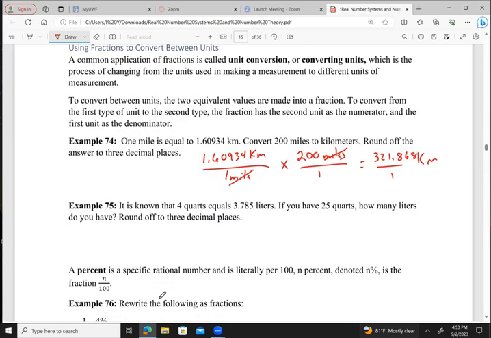And it looks like I got ahead of myself. So it's known that 4 quarts equals 3.785 liters. So I have 3.785 liters to 4 quarts, and I have 25 quarts.